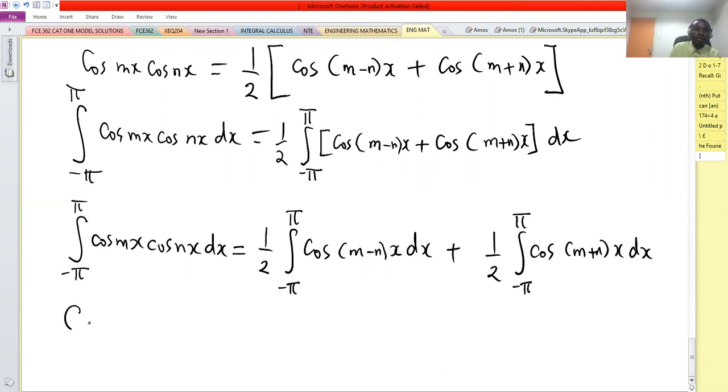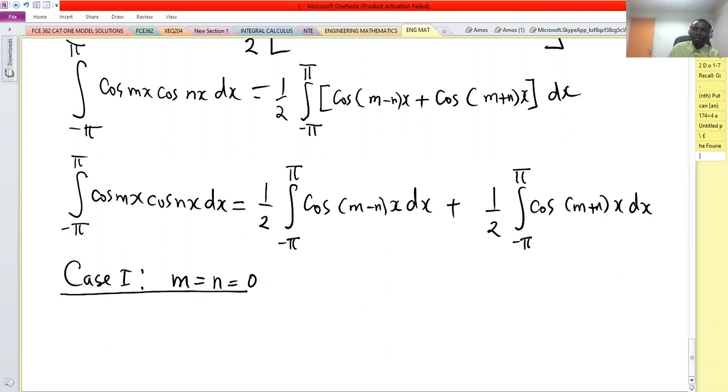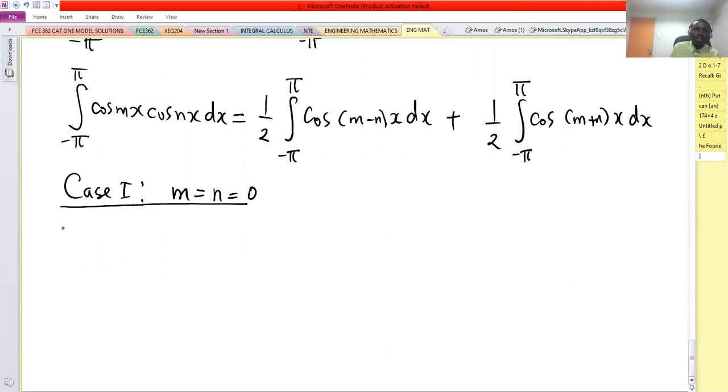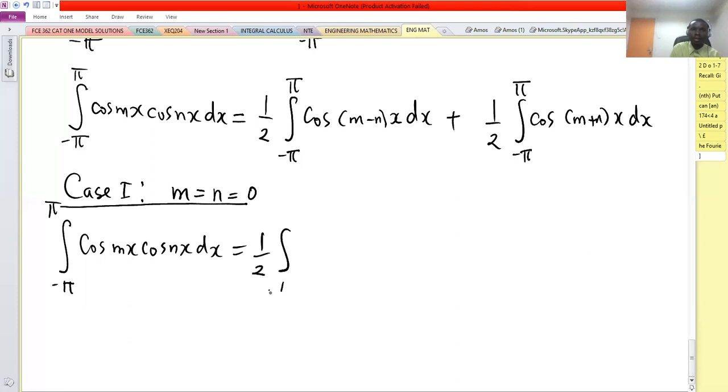Case one is when m equals n and all of them equal 0. Then the integral from minus pi to pi of cos mx cos nx dx will be a half integral from minus pi to pi.